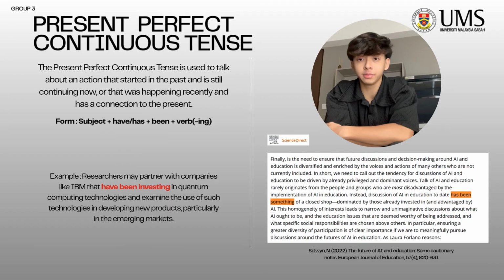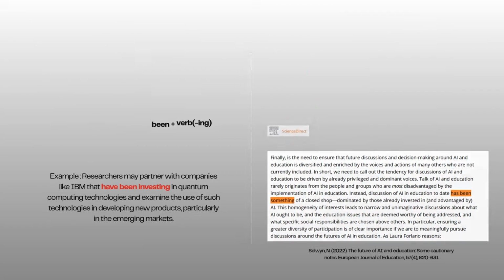For example, researchers may partner with companies like IBM, that is a subject, that have been investing, that is a verb, in quantum computing technologies and examine the use of such technologies in developing new products, particularly in the emerging markets.